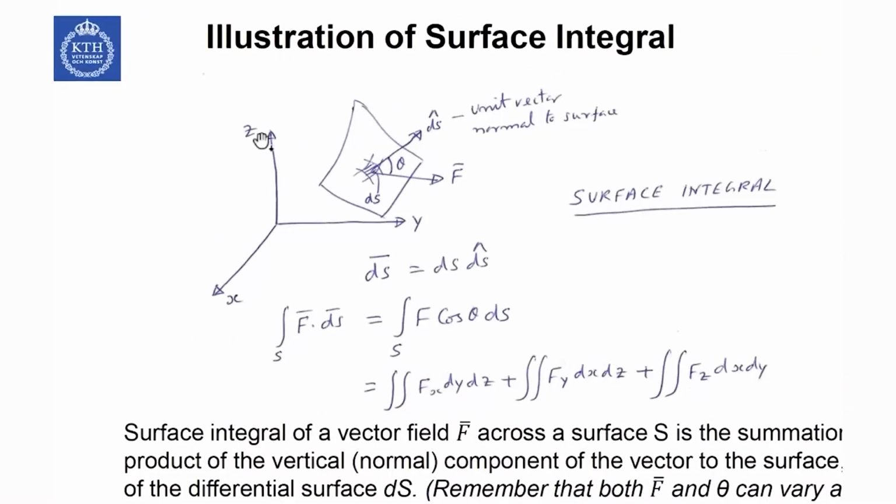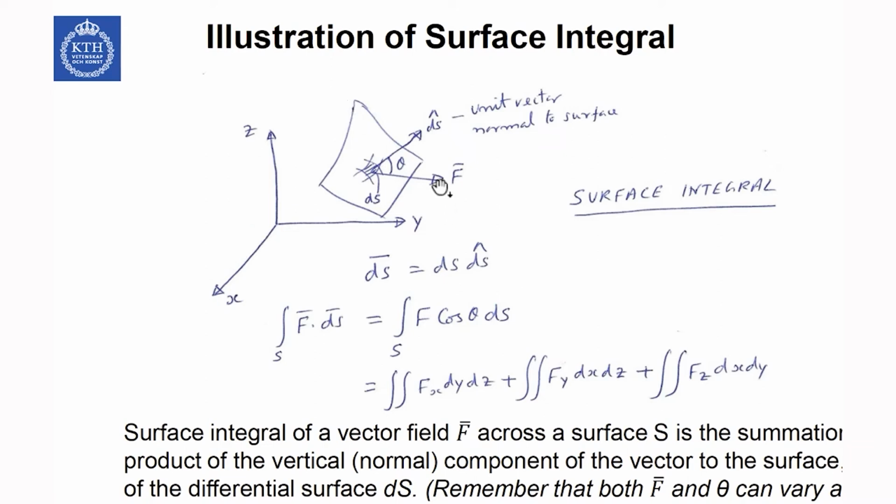This is the Cartesian coordinate system, and imagine some surface, and there consider a small elemental surface area ds. ds can be represented as a vector, and that is equal to the area of this small elemental area multiplied by the unit vector representing that area, and the unit vector is perpendicular to that small elemental area, perpendicular to that surface. Now there is a vector field f in space.